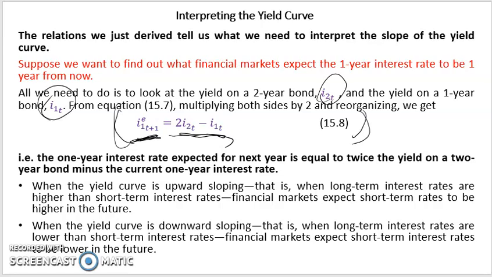But when the yield curve is downward sloping, that is when the long-term interest rates are lower than the short-term interest rates, it tells us that financial markets expect short-term interest rates to be lower in the future.